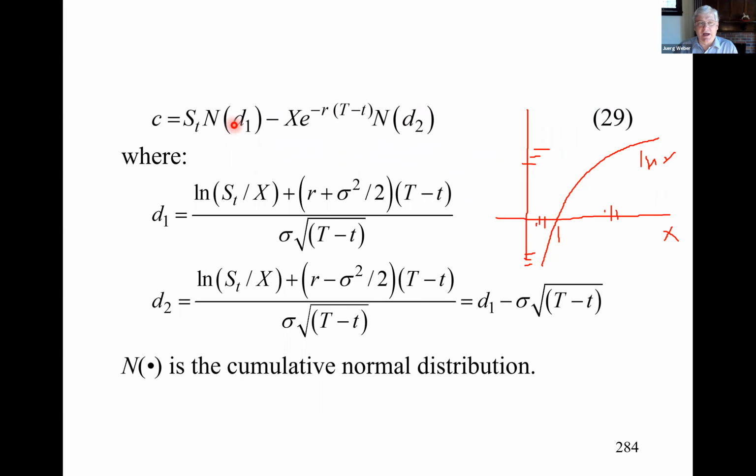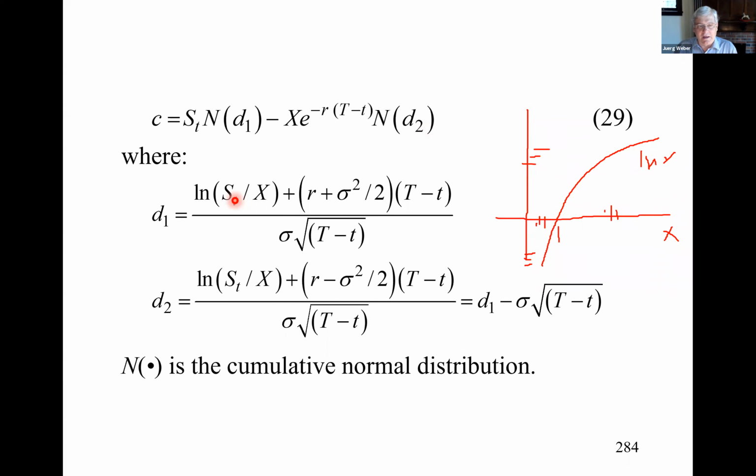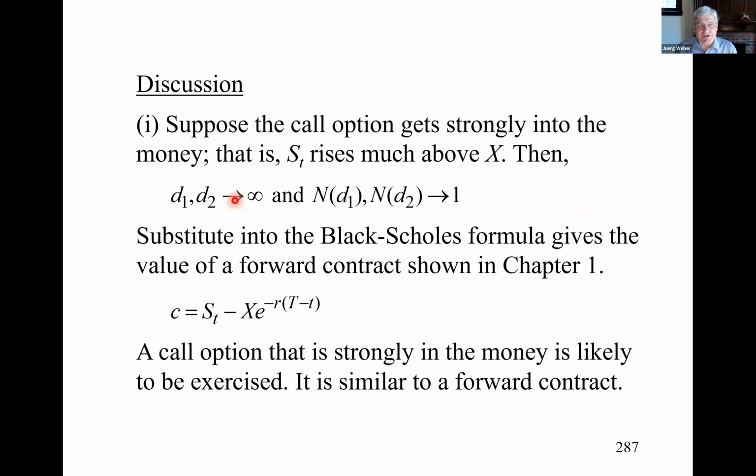So this at time big T just becomes the value of the option at time big T, at the boundary. Remember, we started here in 28 with the boundary condition. Okay, so this makes sense.